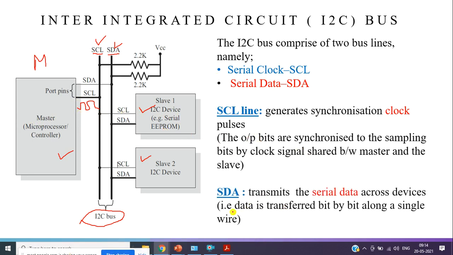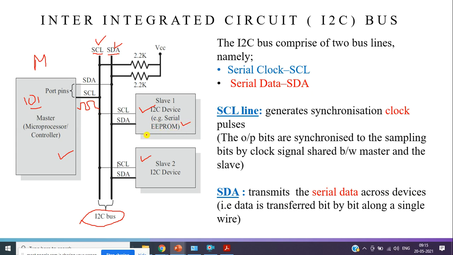Another point about SDA: the job of this second bus, the serial data line, is to transmit the serial data across the devices. I may carry data from the master device to the slave device, or I may fetch data from the slave device to the master device.